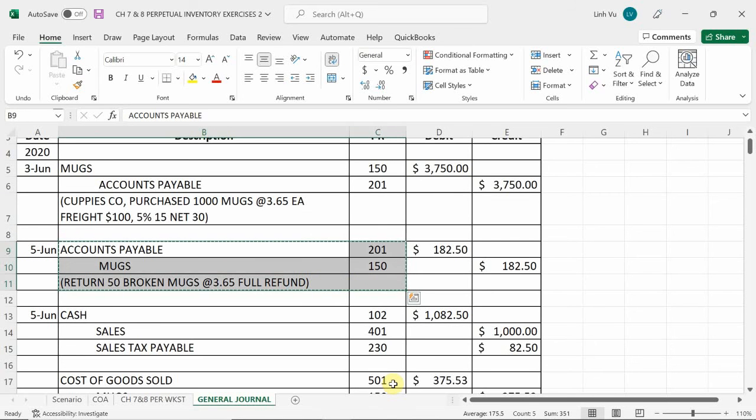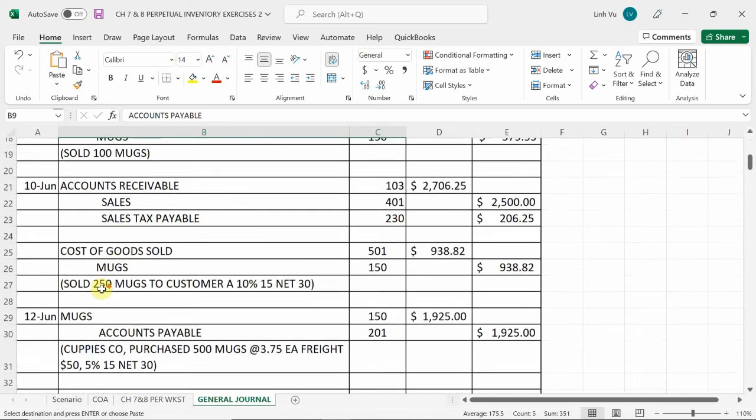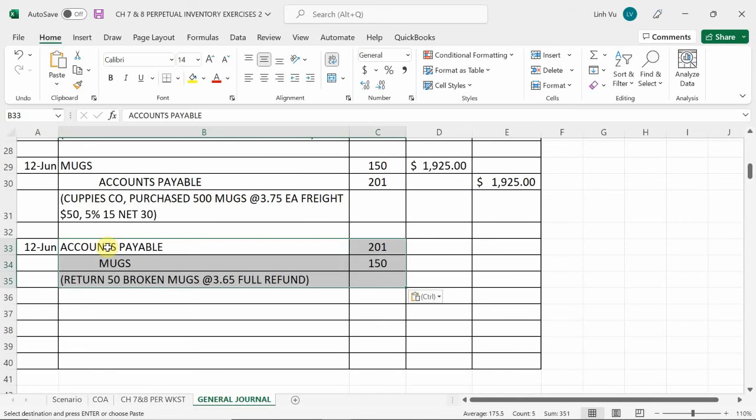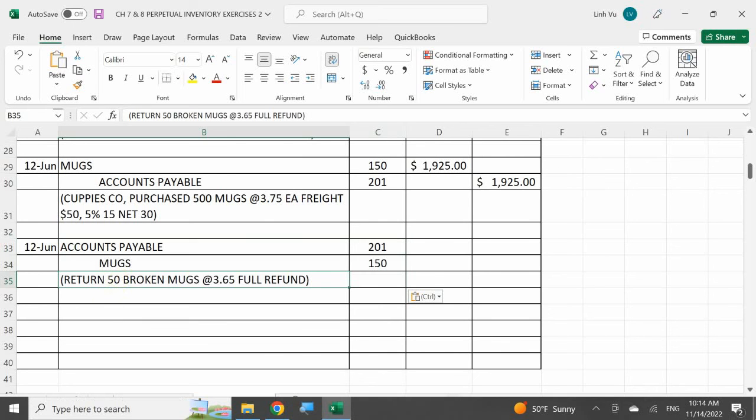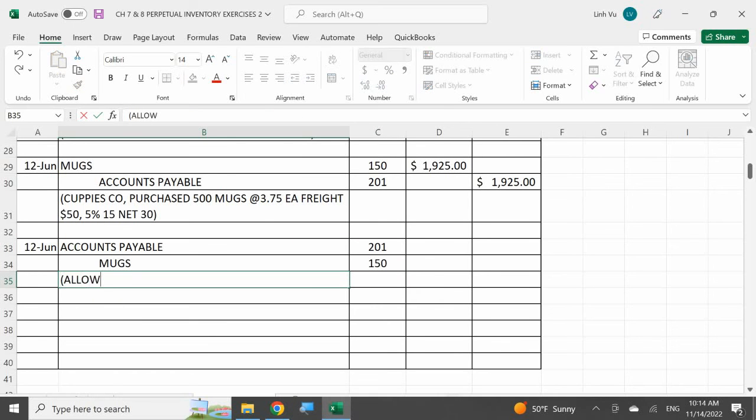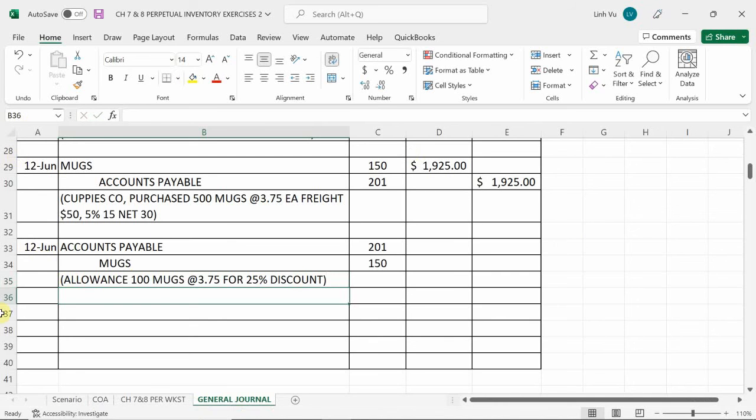It's still going to come out of my mugs because remember, when I put in my mugs, all 500 of them were in there at full price. So that's why I'm going to go ahead and put allowance for 100 mugs at $3.75 each for 25% discount. Okay? So let's go ahead and calculate that because I don't know how to calculate that, right?